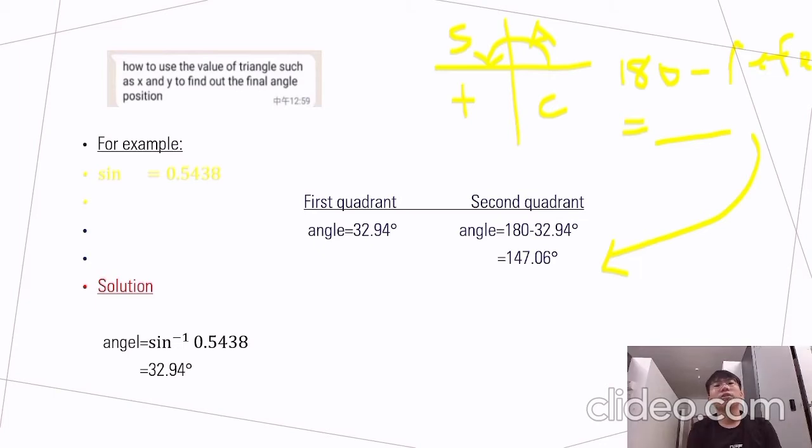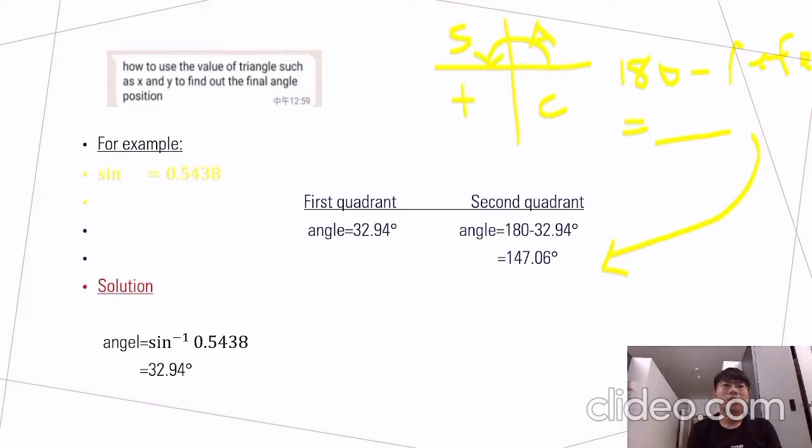The first quadrant angle is 32.94 and the second quadrant angle is 147.06. In this part, some people will not understand why we must use 180 minus 32.94 to get the final answer.